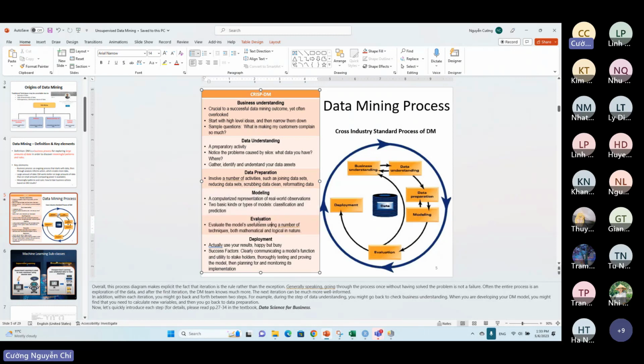Then you evaluate the performance of the model. If it works and can give you ideas about how to improve the business, you can deploy the result and make some changes in your organization, get more profit and more revenue, reduce cost, something like that. That's what we do for data mining in business.